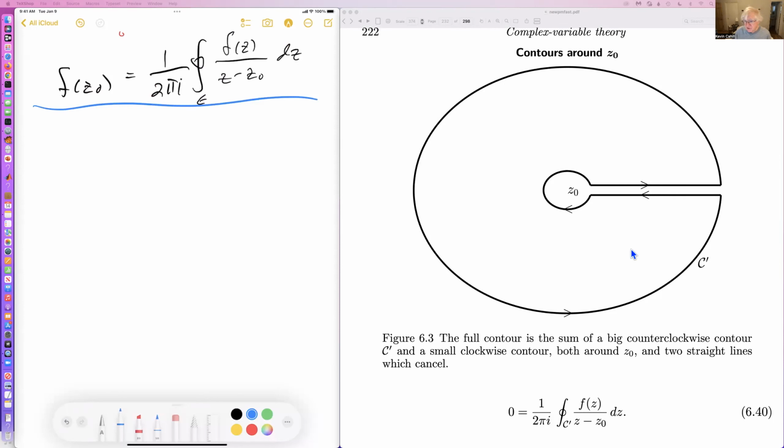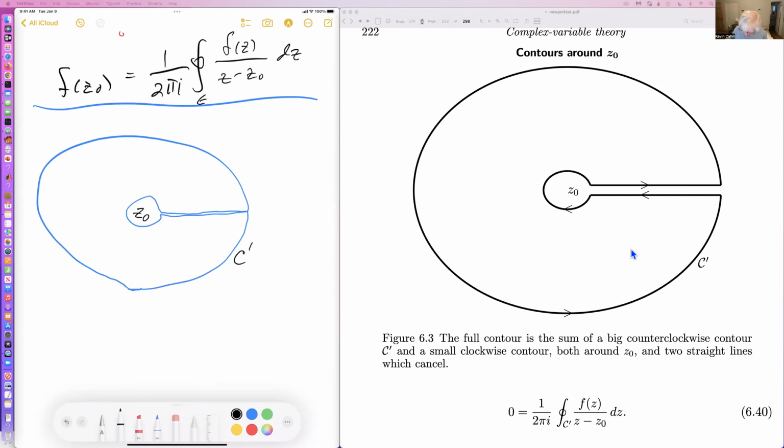If we follow this crazy contour, and let me patch this up just a little bit here, in here we have z0, and we're going to do an integral along a contour, which we're going to call C prime.